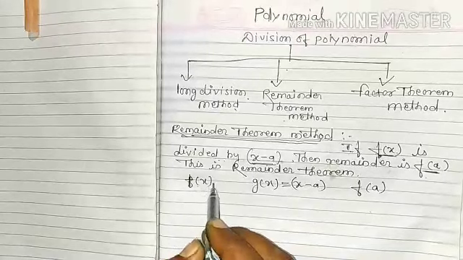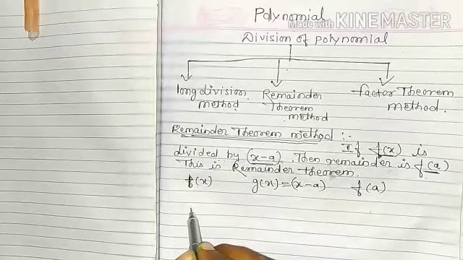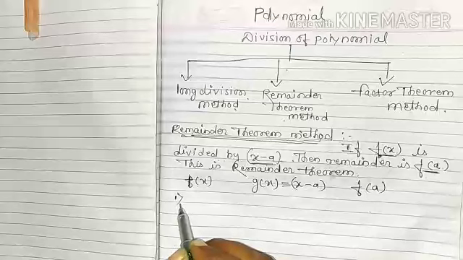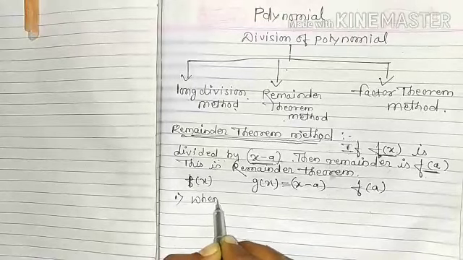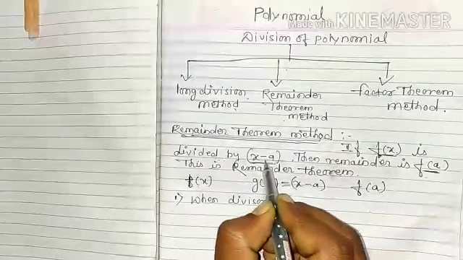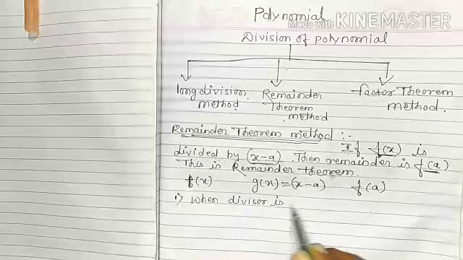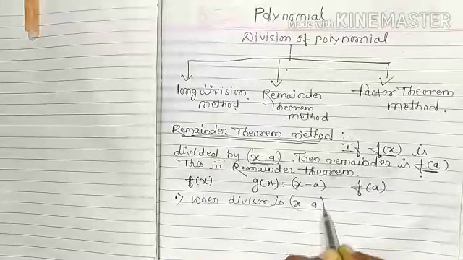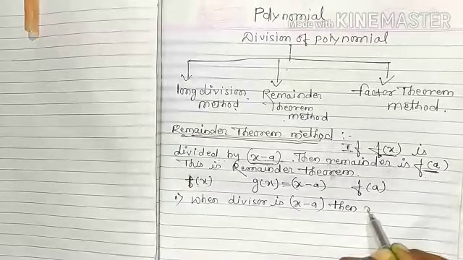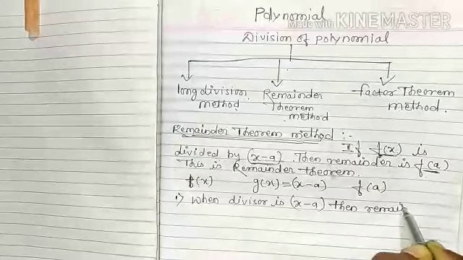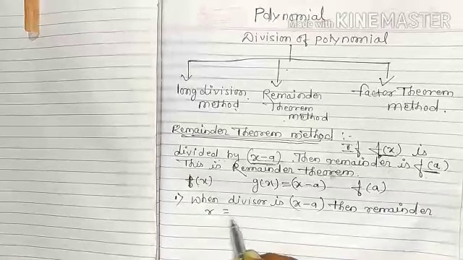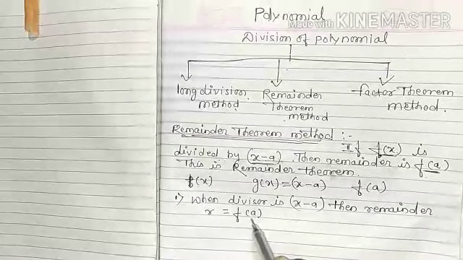First, the point to remember: when the divisor is x minus a, then the remainder r is equal to f(a).